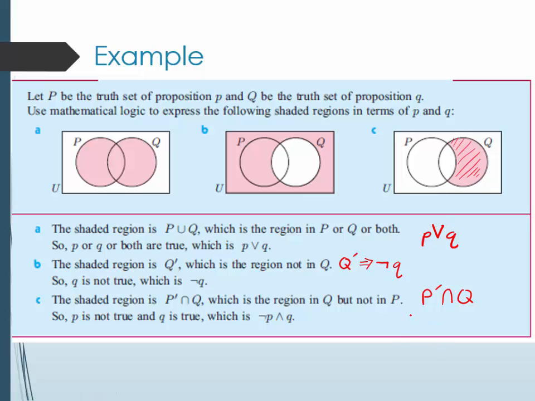And that ends up being negate P, and that's called a, I forget, there's a name for that, conjunction Q. Now you could notice that this could be Q minus the intersection of Q and P. Do you see that?